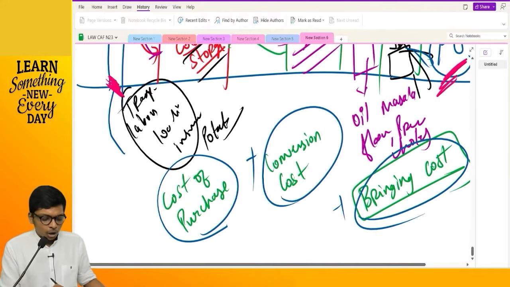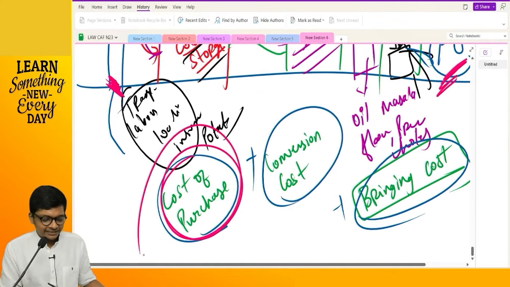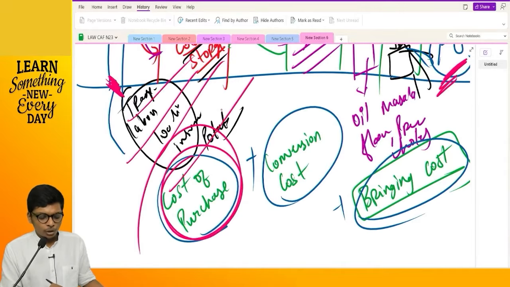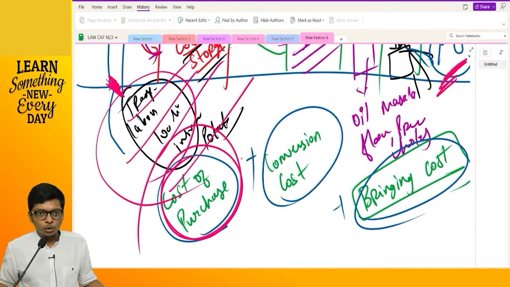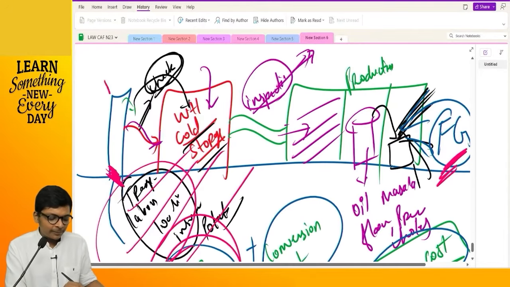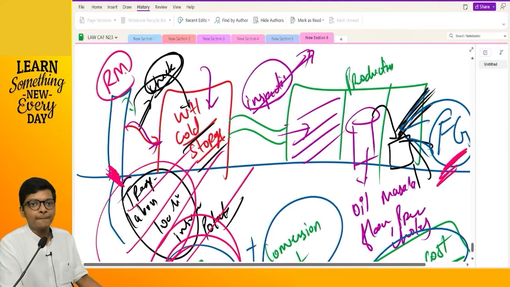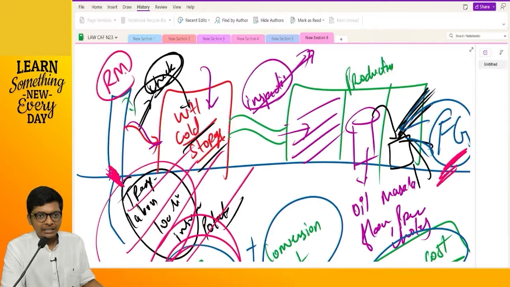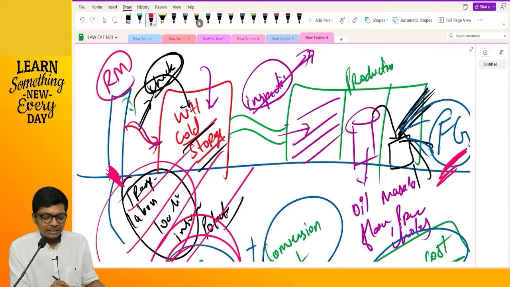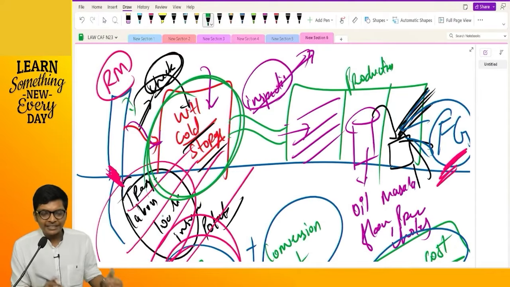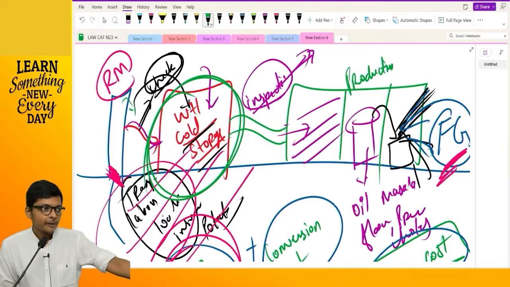For example, cost of purchase is the transportation, labor, loading, unloading, paying for potato, all of that. That is basically my raw material cost, correct? Then conversion cost. All this is cost of purchase, storage, keeping in storage.